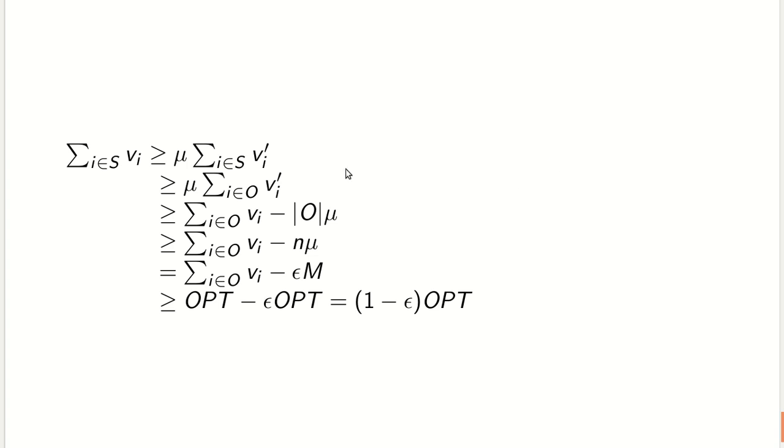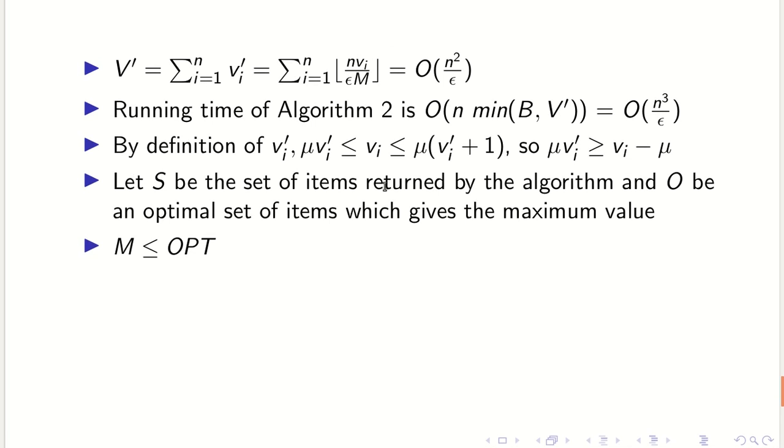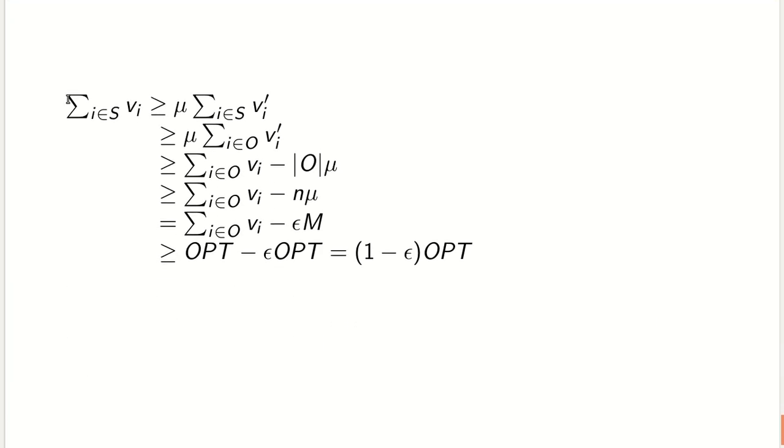Now the sum of values in the set S is the summation of vi, where i belongs to S, and this is greater than or equal to mu times the summation over i in S of vi dash, because mu times vi dash is less than or equal to vi.